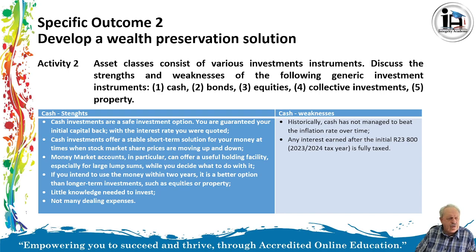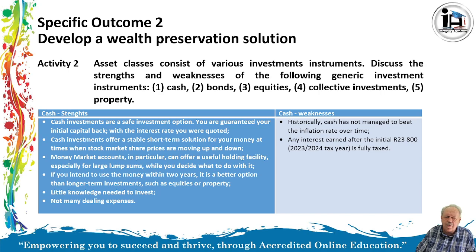If you intend to use your money within 2 years, it's a better option than the long-term investments such as equities or property. Little knowledge is needed to invest in cash investments, and not many dealing expenses are involved. But what are the weaknesses of a cash investment?